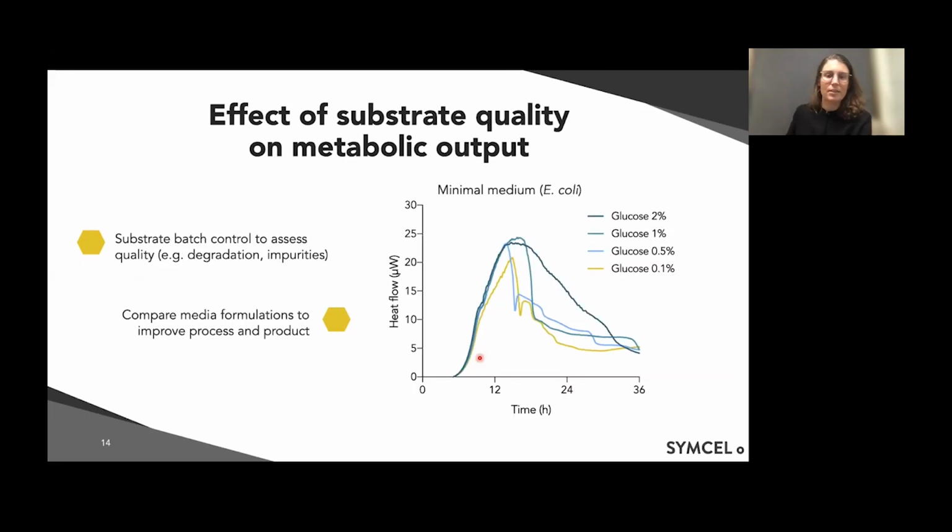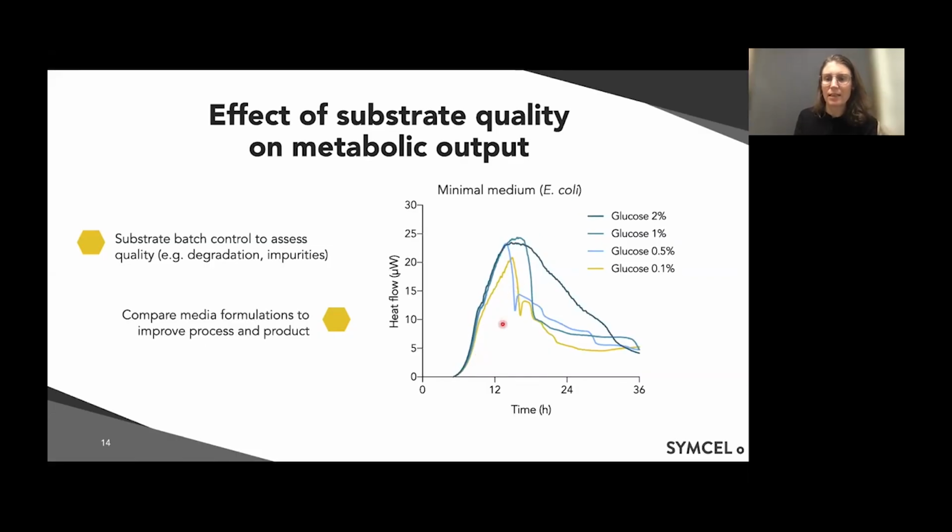So you can see that this is a very sensitive measurement of the metabolic activity, and we can use that fact also to assess the substrate quality and get a metabolic output. This is an example of E. coli grown in minimal medium with different additions of glucose ranging from 0.1% to 2% glucose.